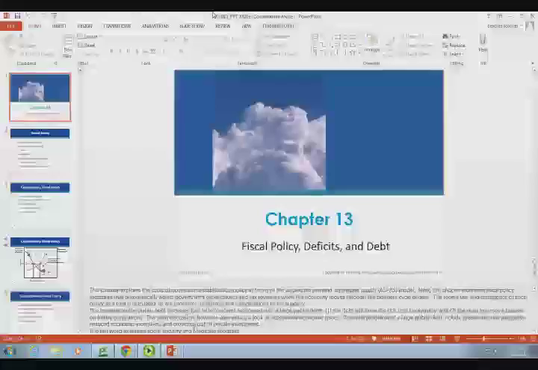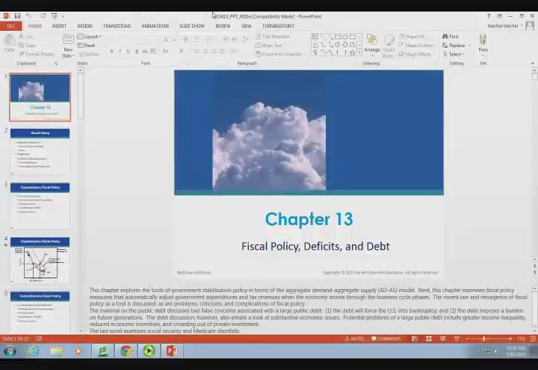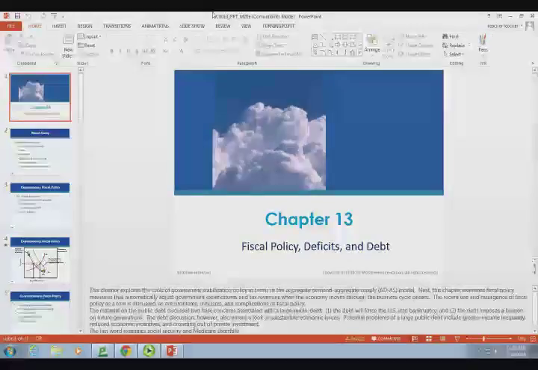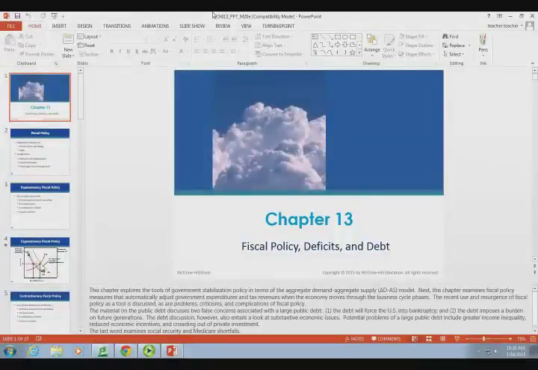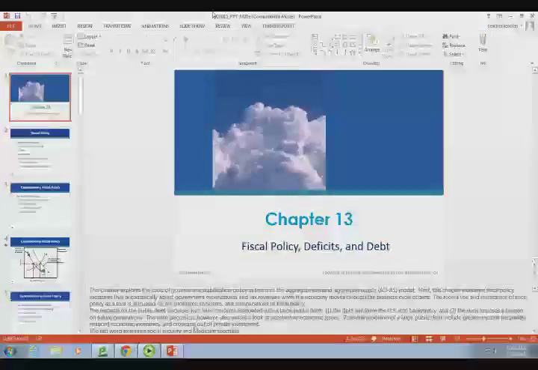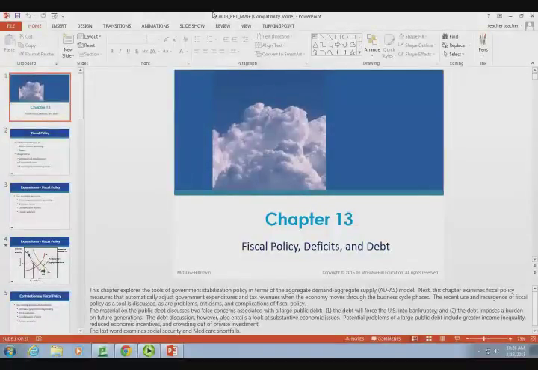On page 289, the first type we're looking at is expansionary policy. Expansionary fiscal policy is policy that we use during recession, when productivity has slowed down and we need to get it going again.